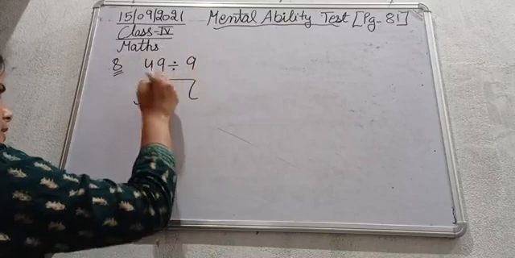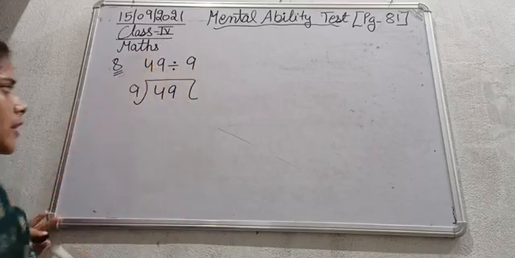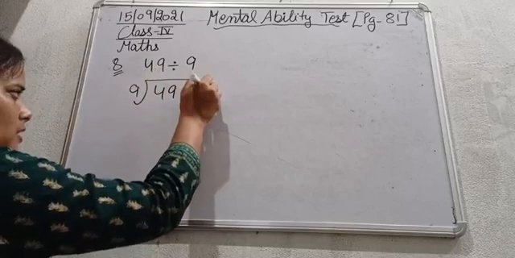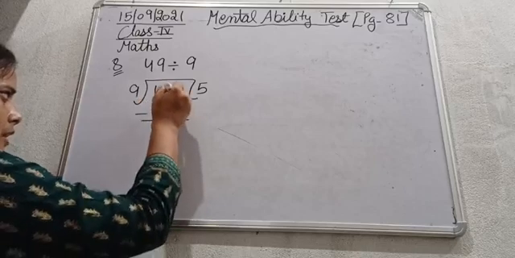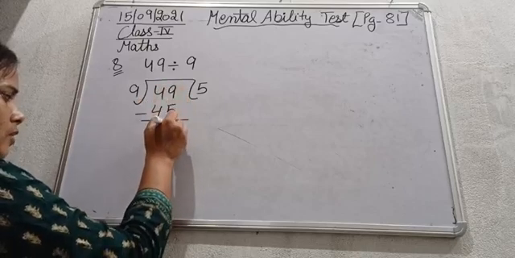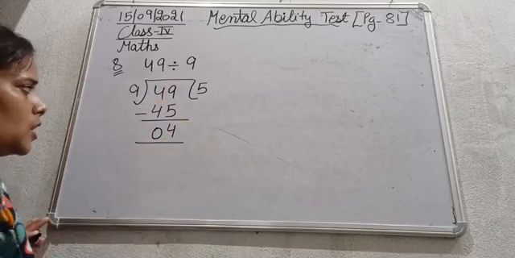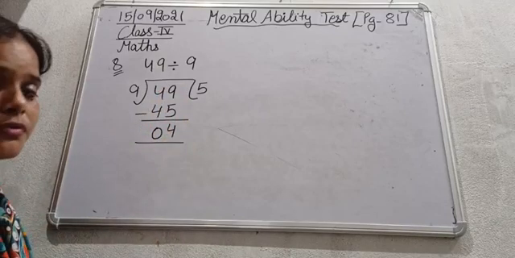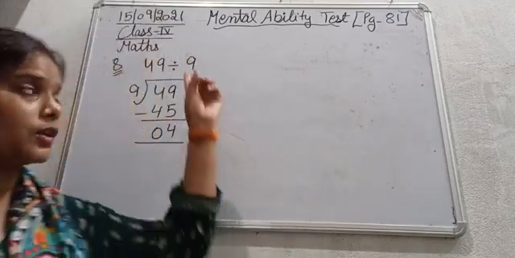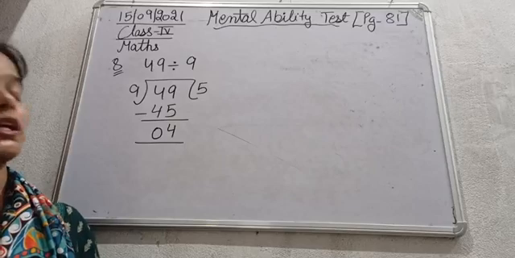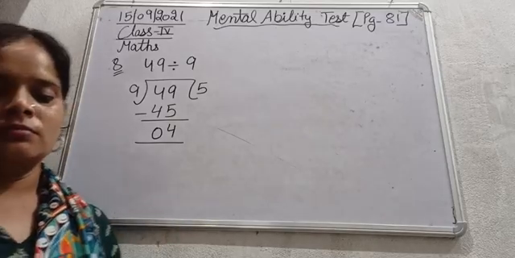Let's divide it. 9 fives are 45. 49 minus 45 is 4. We can't solve it further, so we have a remainder. If we have any remainder, that means the divisor is not a factor of the given number, the dividend.